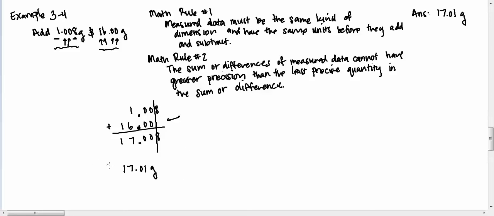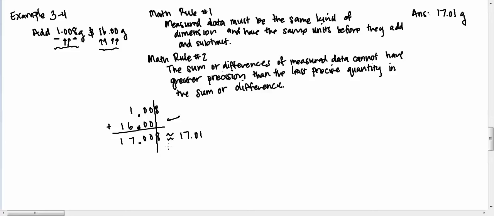And then sometimes you'll see it written with the squiggly equal signs. That just means I'm not being exact, but I'm rounding it off to make sure that I have the correct amount of significant figures.